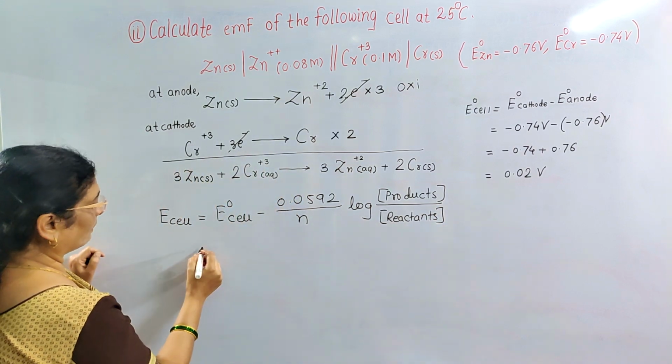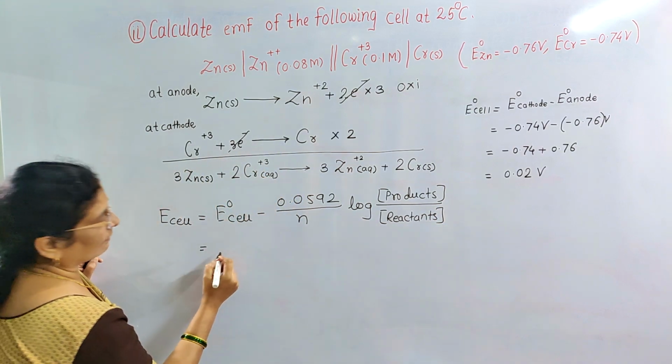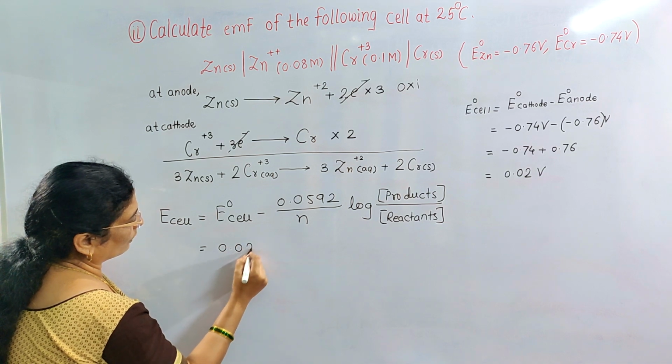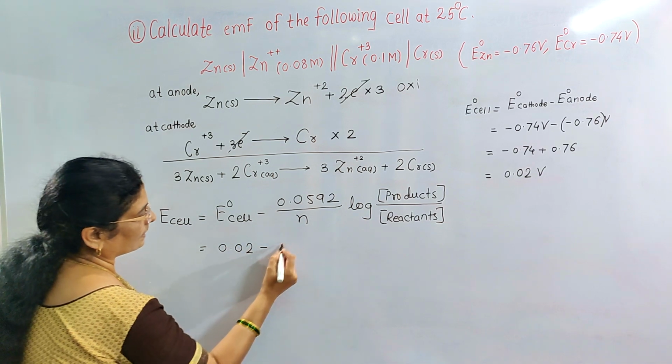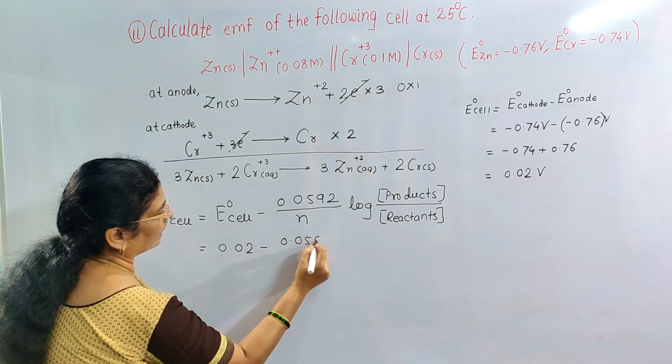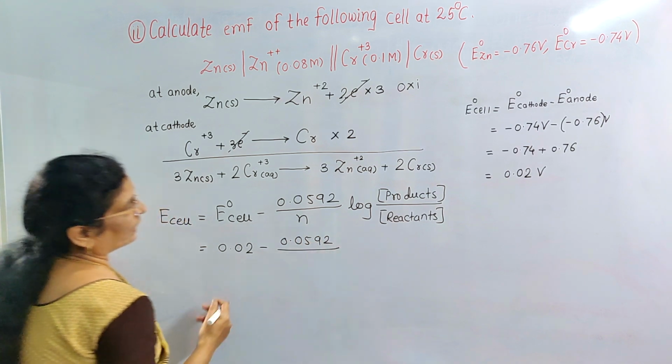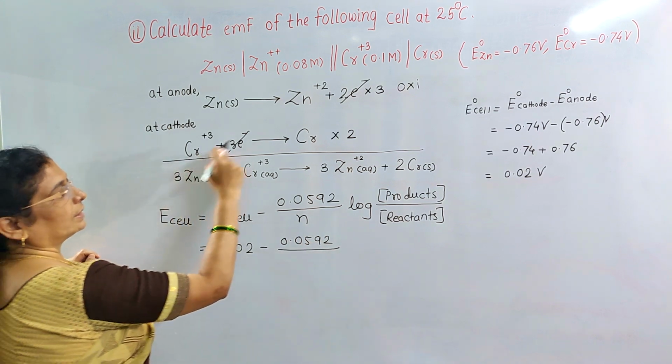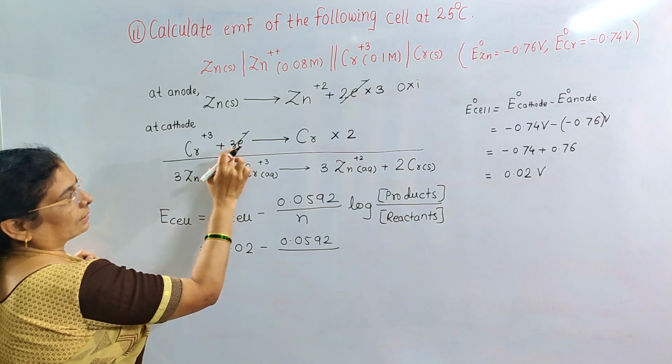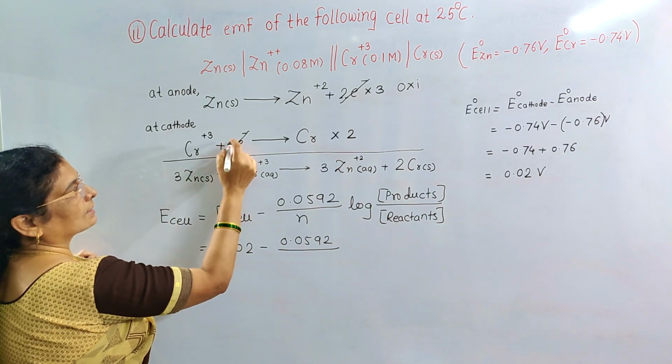Now substitute the values. E0 cell we have calculated, it is equal to 0.02 minus 0.0592 upon n. n is the number of electrons involved in this cell reaction. Here the number of electrons involved are 6.